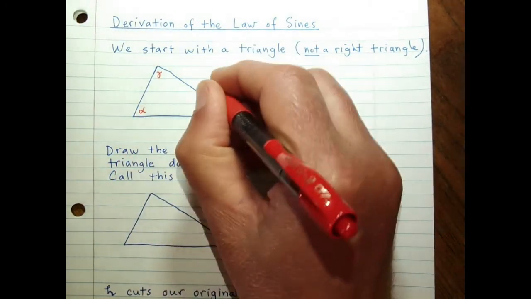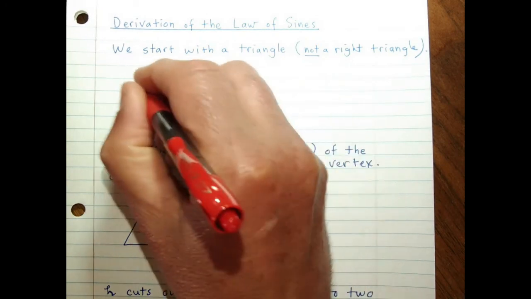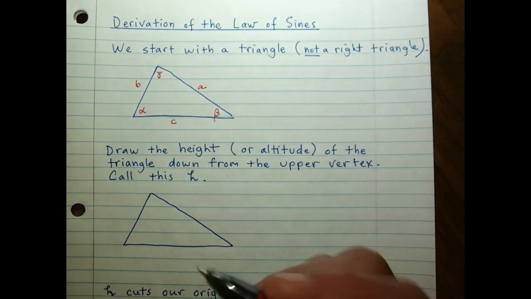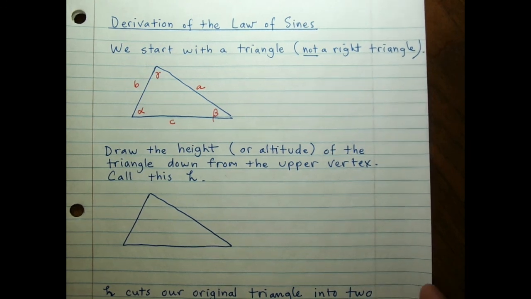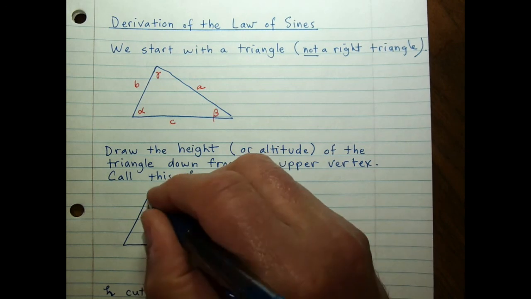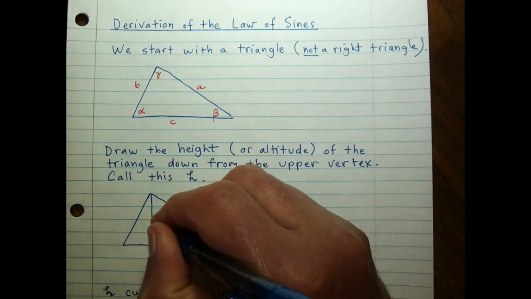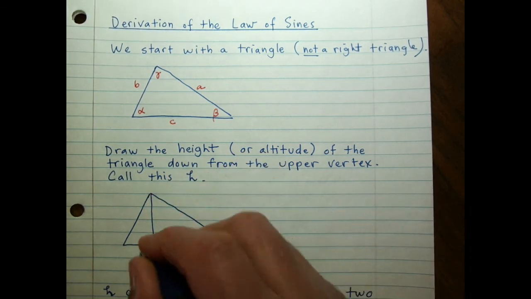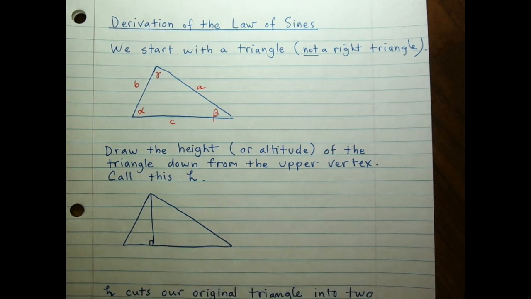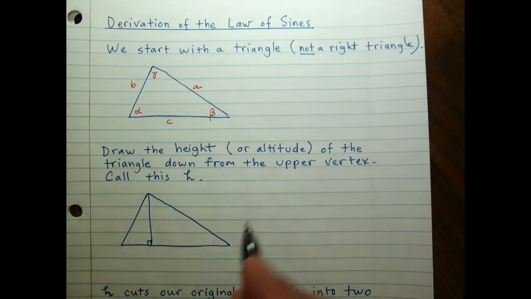The corresponding sides are little a, little b, little c. Now in this picture, we're going to take that same triangle, but draw a height or altitude straight down from the upper vertex. I'm going to call this altitude h.